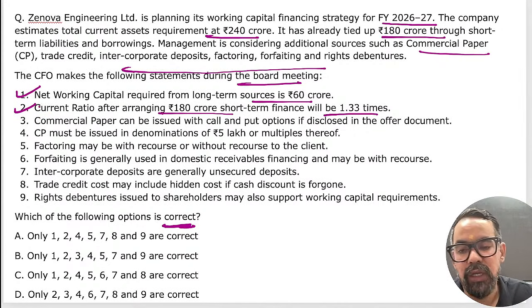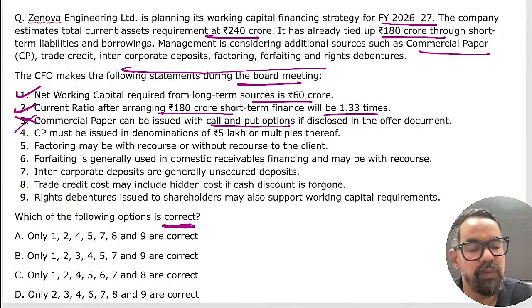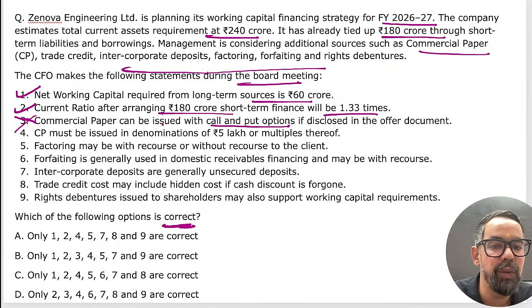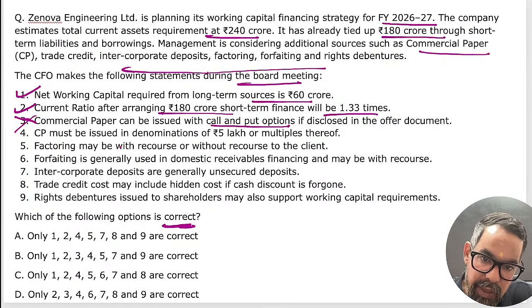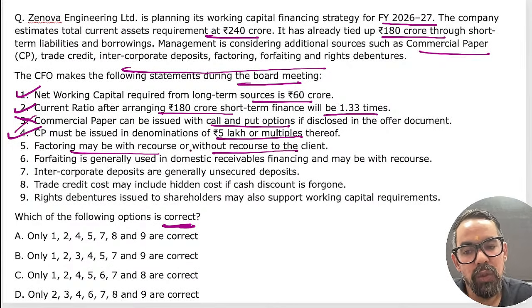the standard one actually. The third one is commercial paper can be issued with call and put option. No, when it comes to commercial papers, they are unsecured instruments and they do not get issued with call and put option. Commercial paper can be issued in a denomination of 5 lakh and multiples. Yes. Factoring may be with or without recourse to the client.